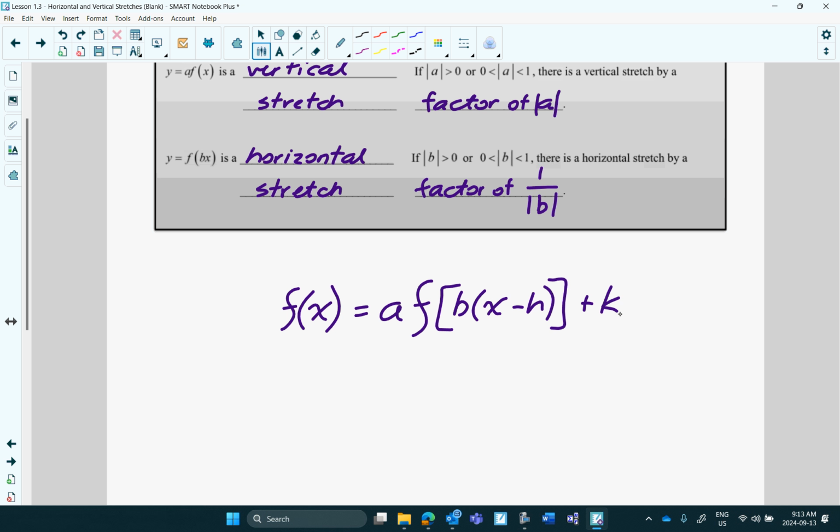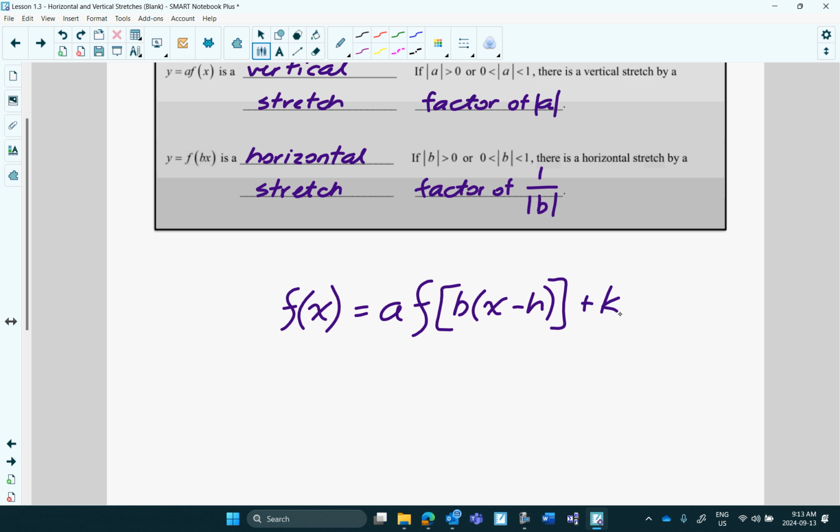In 1.2, we talked about these two, horizontal shift, vertical shift. In this lesson, we talked about these two, vertical stretch, horizontal stretch. Okay, so notice that whenever, like I said before, if it's inside the function, okay, so notice I put brackets around everything inside f. That's all horizontal. That's all x. If it's outside the function, here and here, it's vertical.